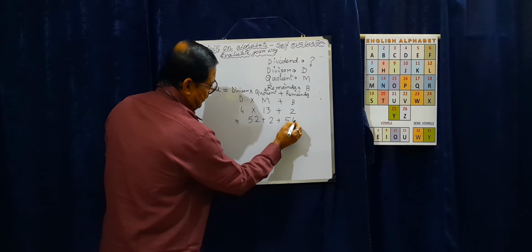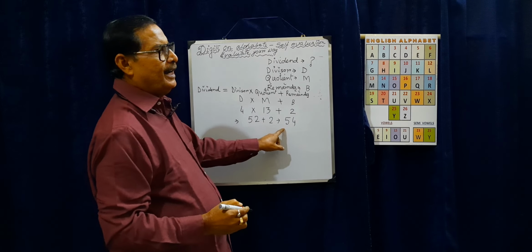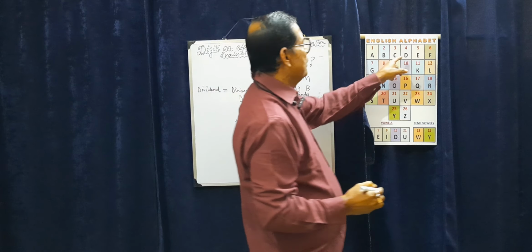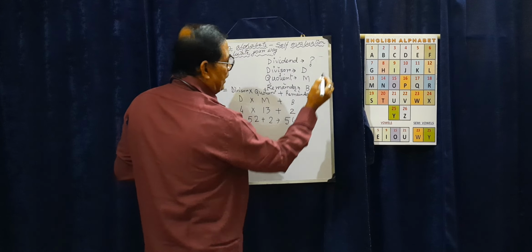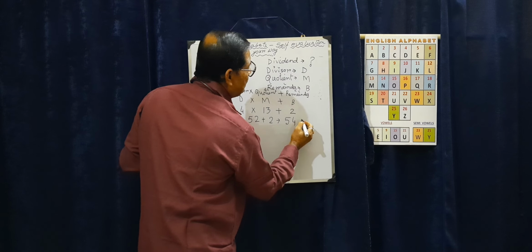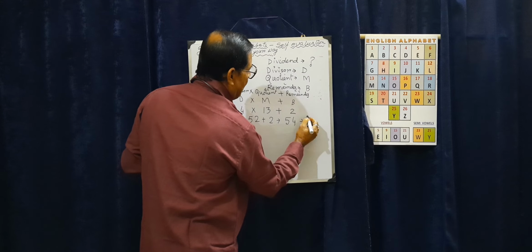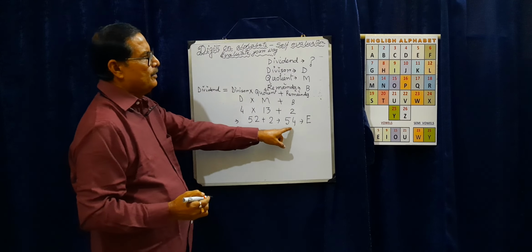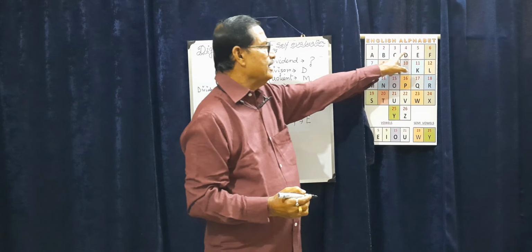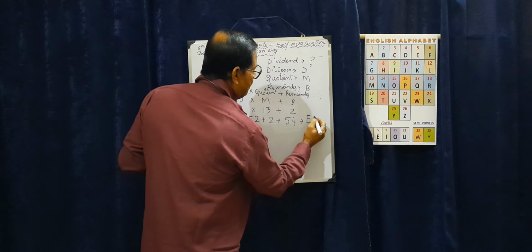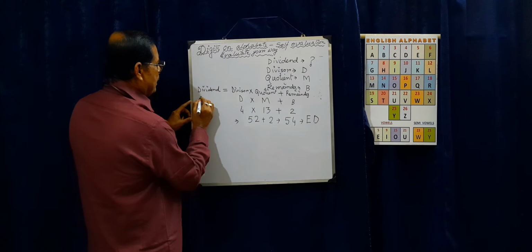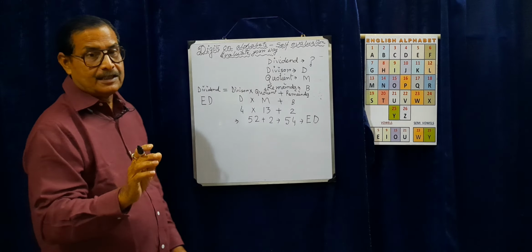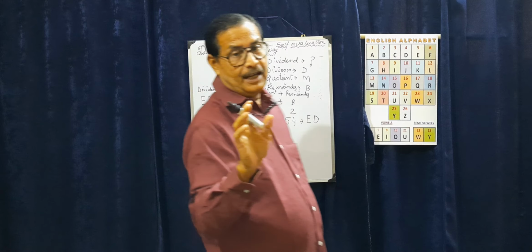54. Then this 5 denotes which letter? It is E, and 4 denotes which letter? It is D. What did we get? The dividend is ED. Just look at this picture very clearly.